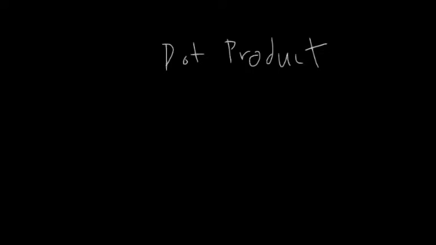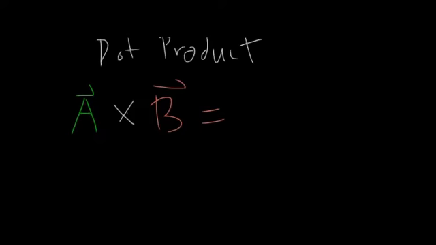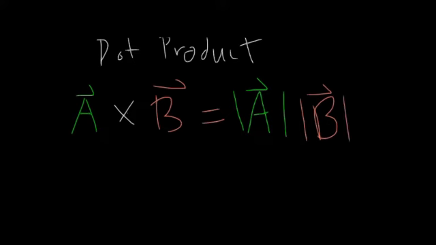So when you take one vector, vector A, and you dot it with another vector, vector B, the result is going to be the product between the magnitude of A and the magnitude of B times cosine theta.